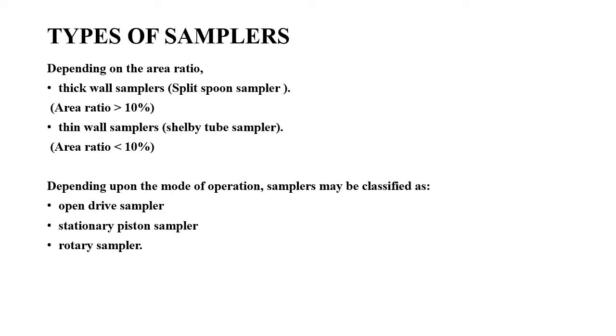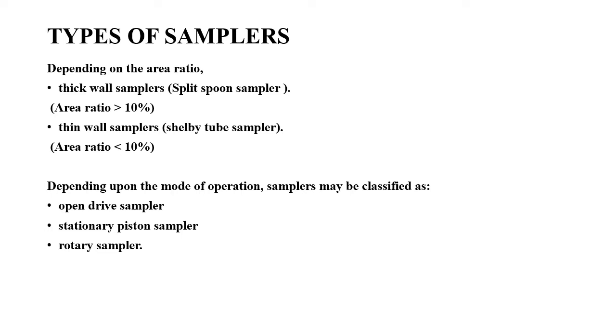One example of a thin-walled sampler is a Shelby tube sampler. For getting undisturbed soil samples, this area ratio should be less than 10%.